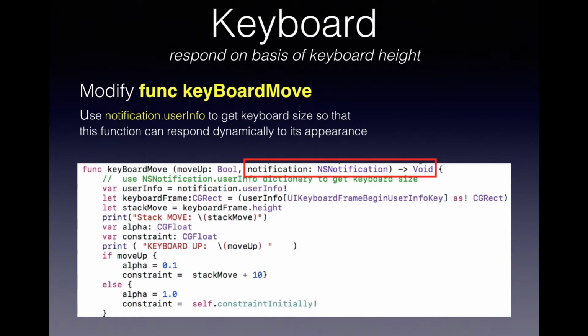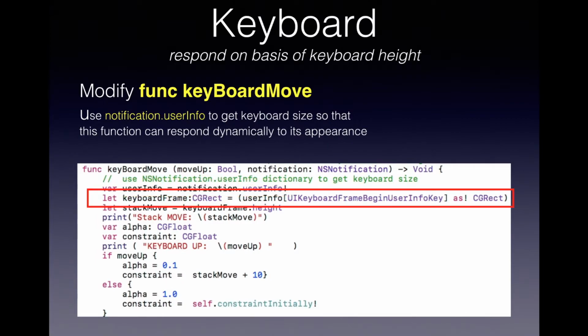This keyboard function adds a notification as a parameter in the function, and it takes the user info property of the notification. The user info property is actually an array, and it contains a variety of pieces of information. And it's a dictionary. It's a dictionary, I think.